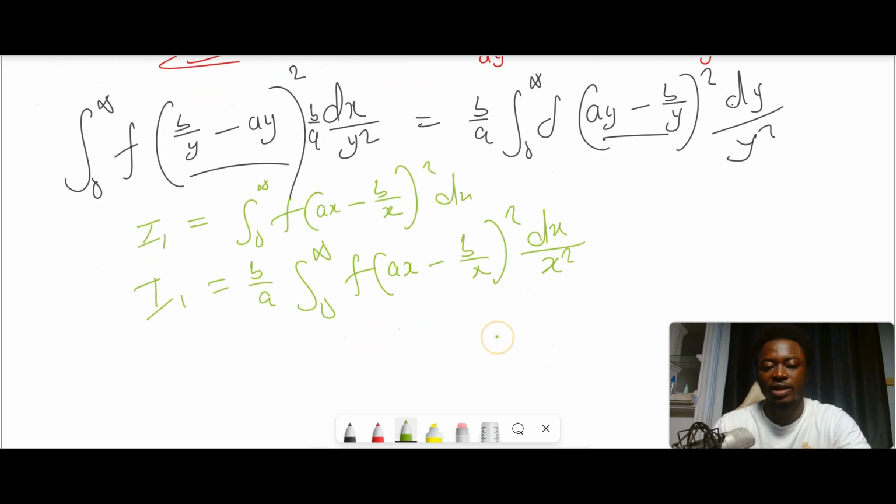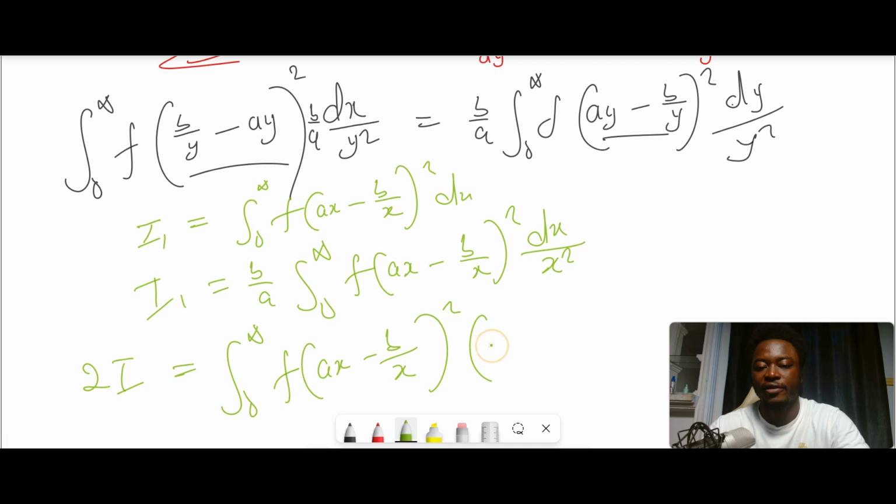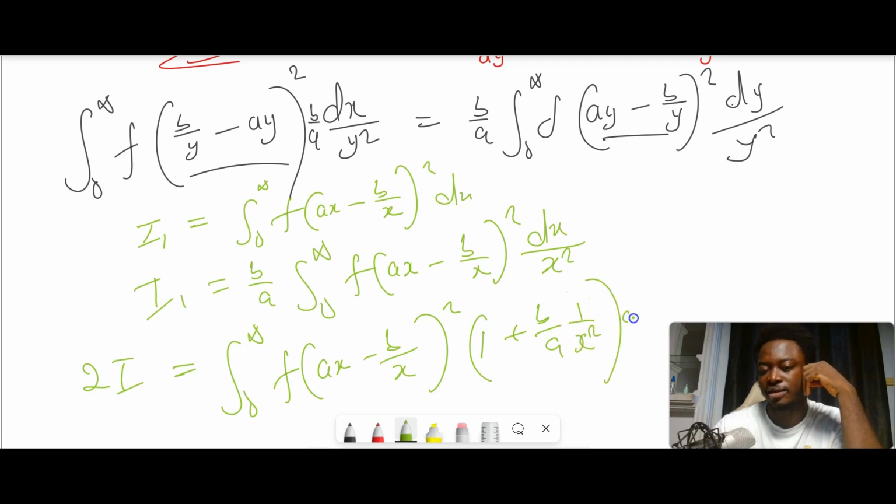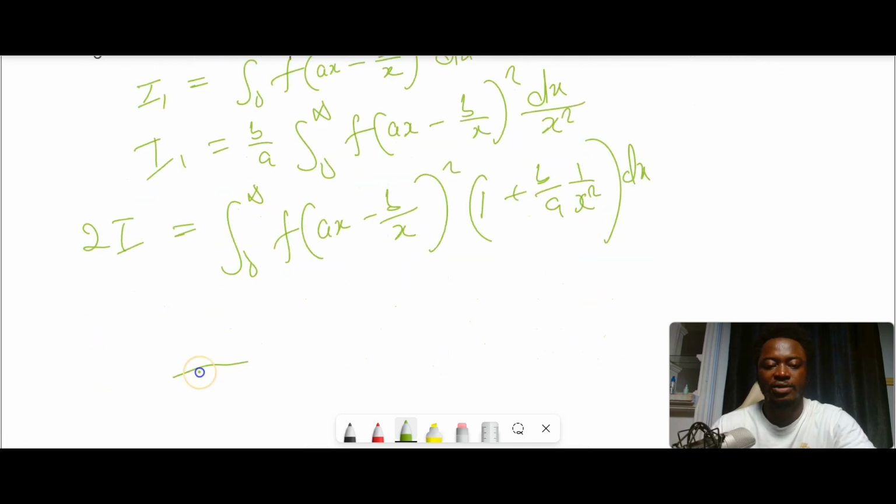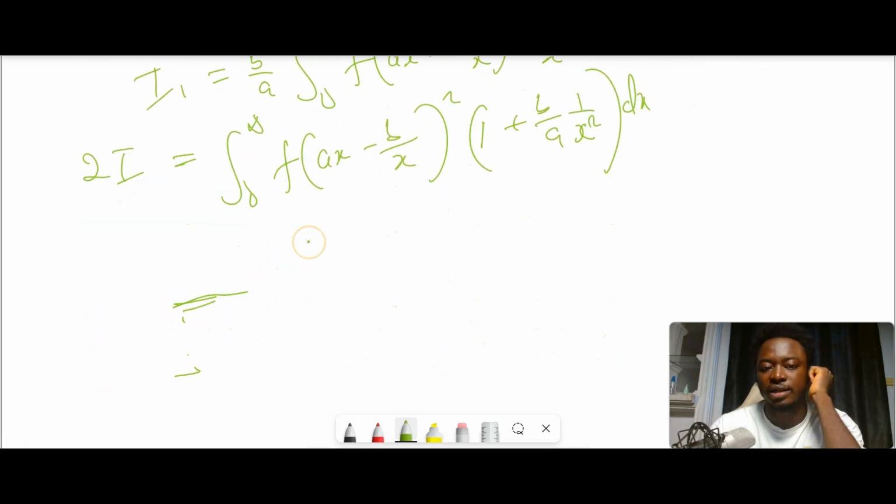So if you add the two integrals up, 2I would be the integral from 0 to infinity of f of (ax minus b over x) all squared, then you will have a times (1 plus b over a times 1 over x squared) dx.